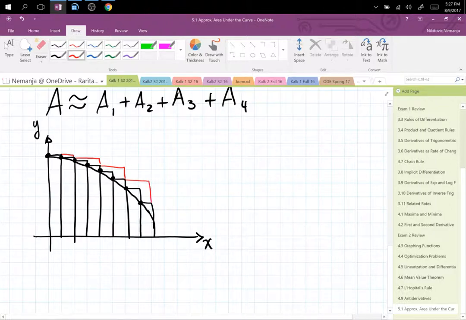So what's enclosed in these little areas here is the new error. What's under red is old error. You see how much better this is. We doubled the amount of rectangles, and a lot of error disappeared.